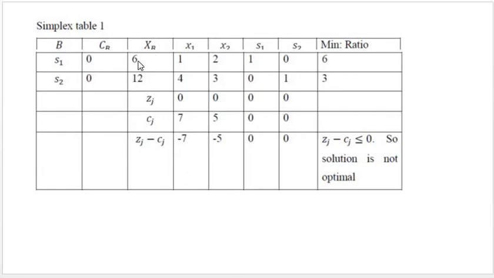So divide 6 by 1, 12 by 4, so we get the minimum ratio. The minimum is 3, so the row corresponding to this minimum ratio will become the selected row. The new variable in the next table becomes x1, which corresponds to the most negative Zj minus Cj value. So x1 is the entering variable and the departing variable is s2.